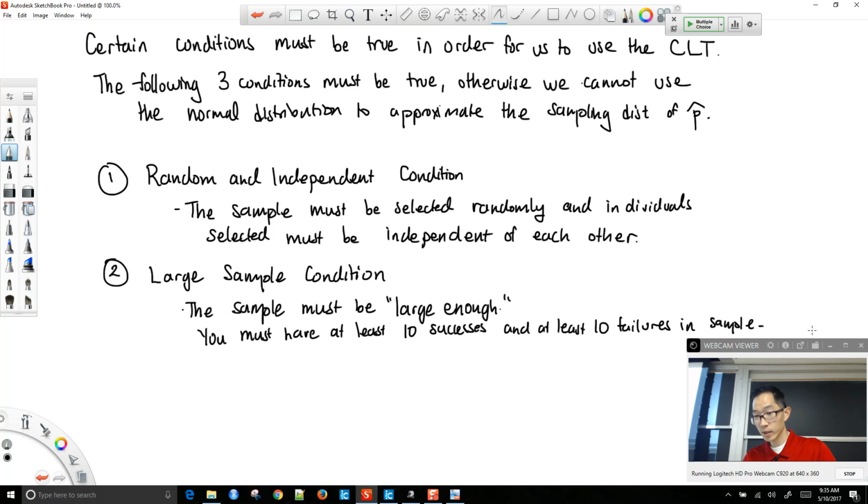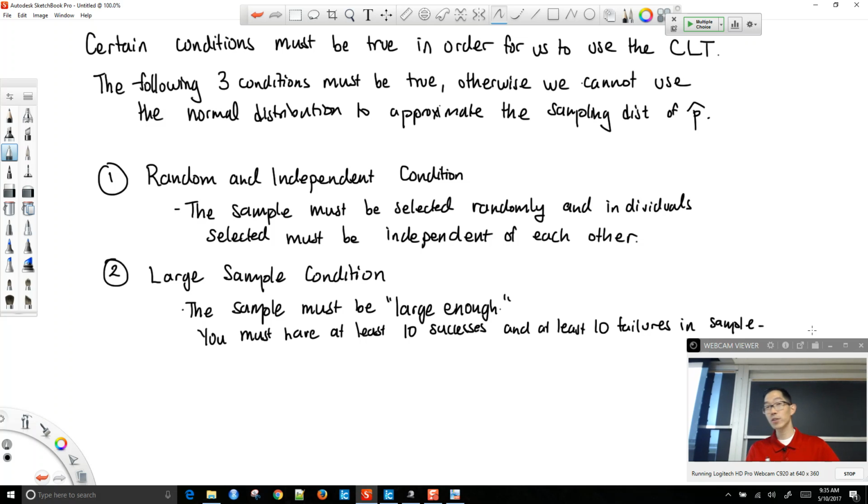So the smallest sample you could possibly have is 20, and that's if you have exactly 10 successes and 10 failures. If you have a sample of 20, you're not going to get exactly that. So generally, you need samples larger than 20, and you need at least 10 successes and 10 failures.